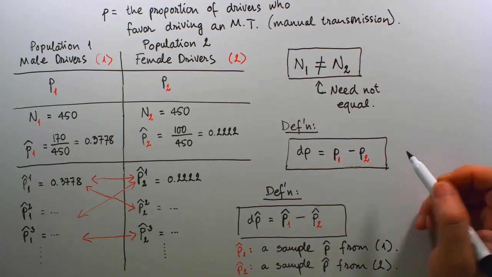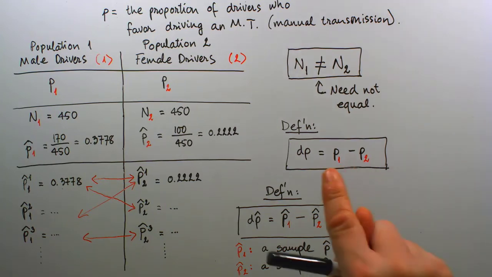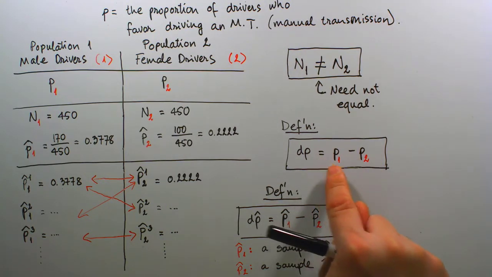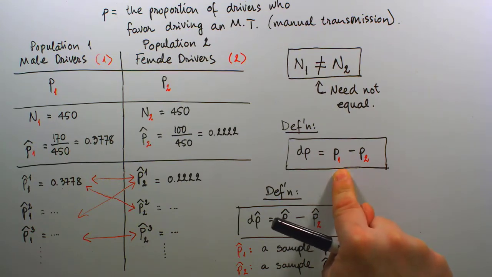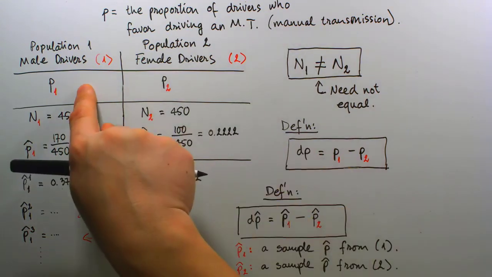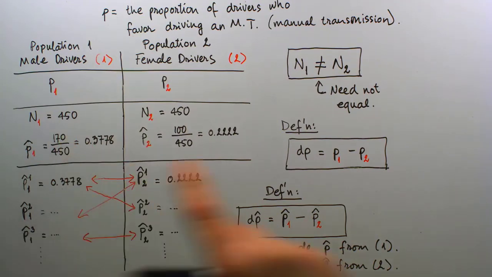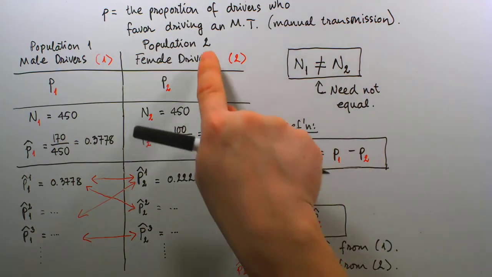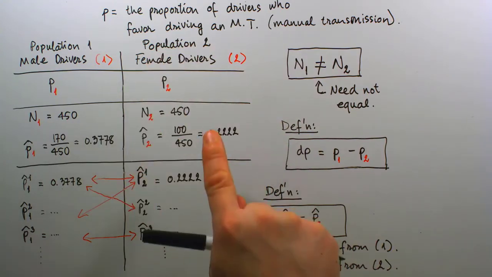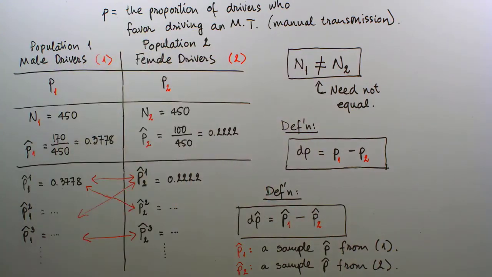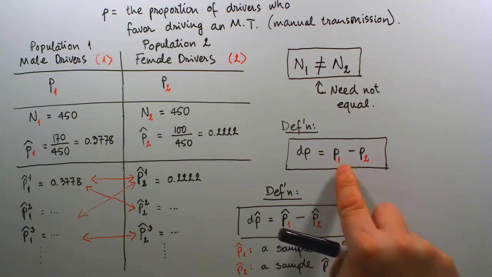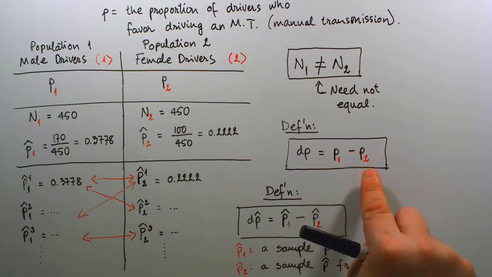And so now I can introduce, for anyone, this dp right here, simply defined as the population proportion value from population 1, whoever population 1 is, minus the population proportion from population 2, for whoever population 2 is. It could have been the other way, but we always want the value from population 1 minus the value from population 2.